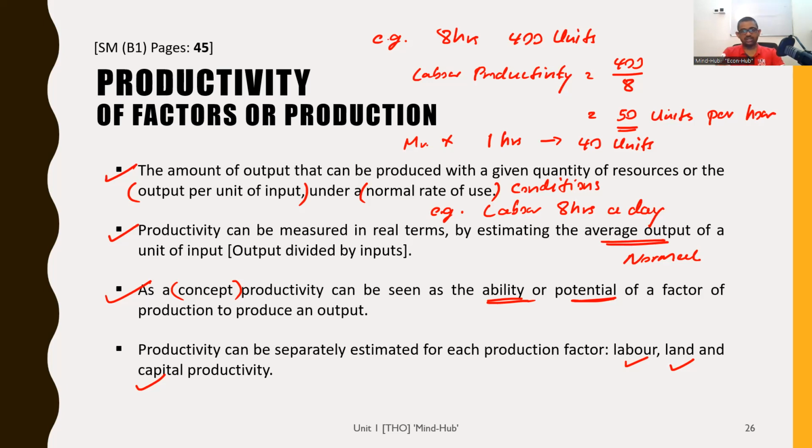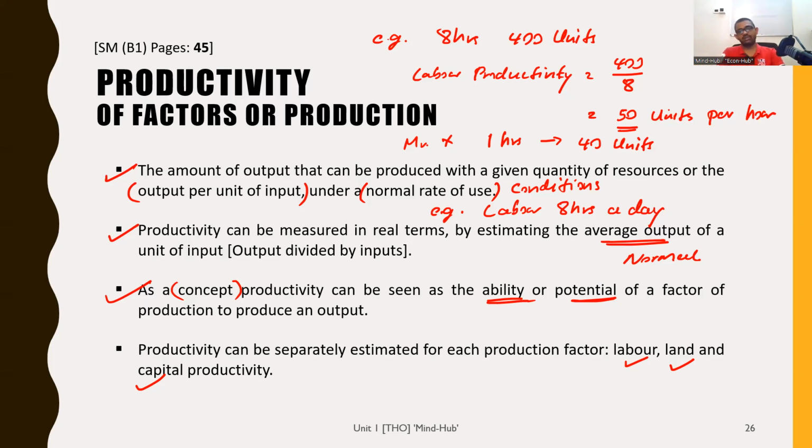Now that we have measured that, we have a standard. Normal employee, normal rate of use, 8 hours, per hour 50 units. Then we realize there's another employee who is only producing 40 units.